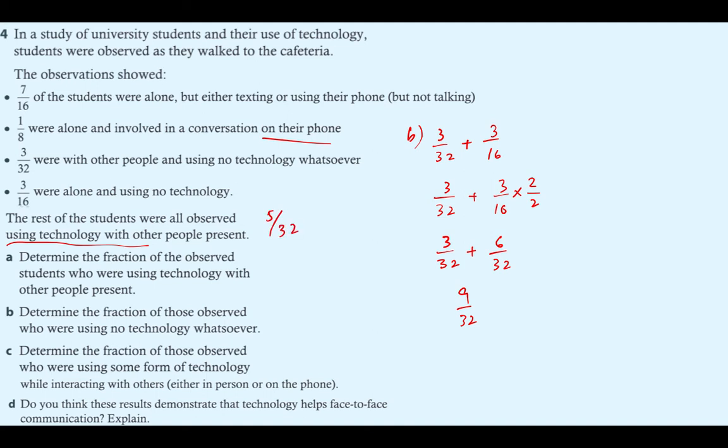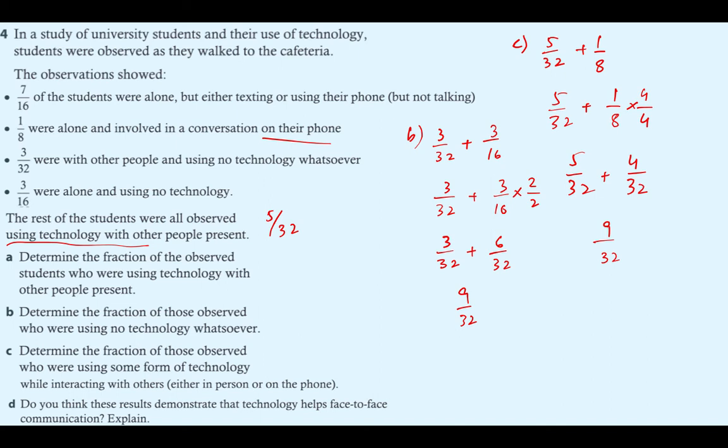So if you add these two fractions, 5 over 32 plus 1 over 8, this will be multiplied by 4 over 4, 5 over 32 plus 4 over 32, so that makes 9 over 32. So it's a coincidence that part B and C have same answers.